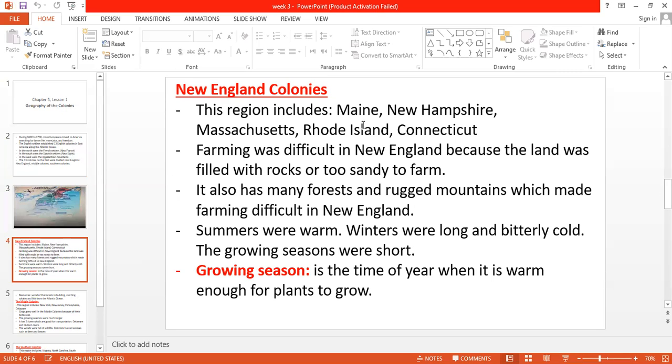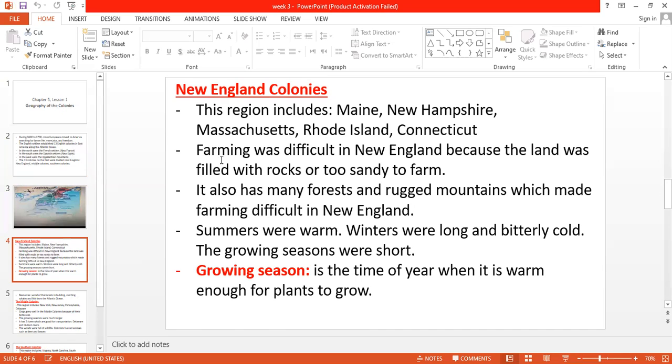What are these five states? Maine, New Hampshire, Massachusetts, Rhode Island, and Connecticut.